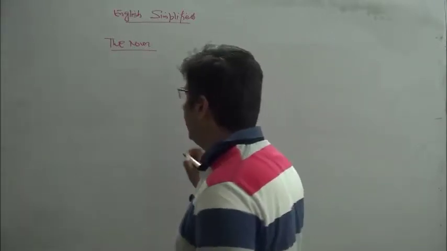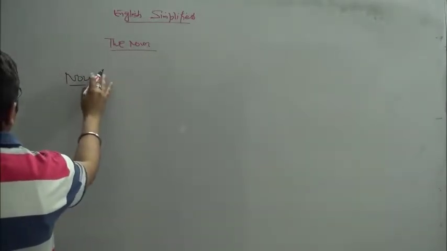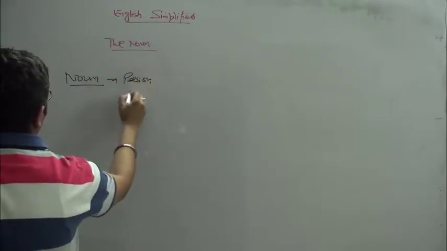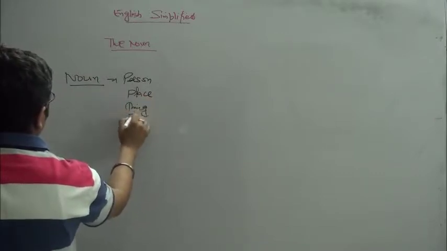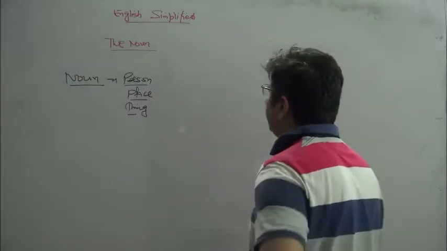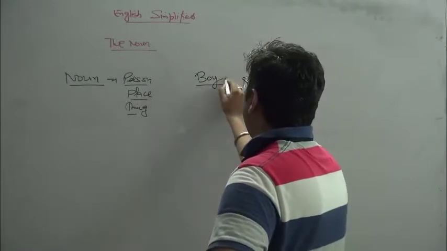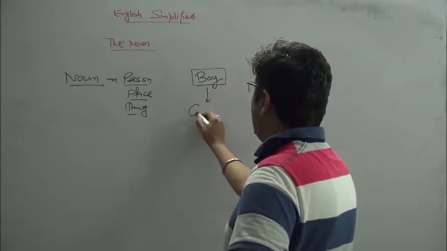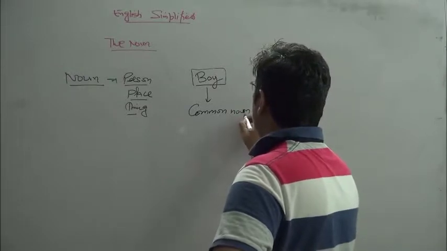Friends, in the previous lecture we talked about the meaning of a noun, where we said that a noun represents a person, a place, or a thing. So if I say that I'm looking at the word boy, the boy of course represents a person and would be an example of a common noun.